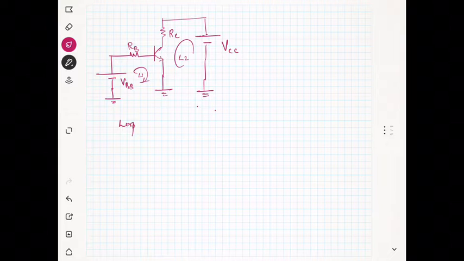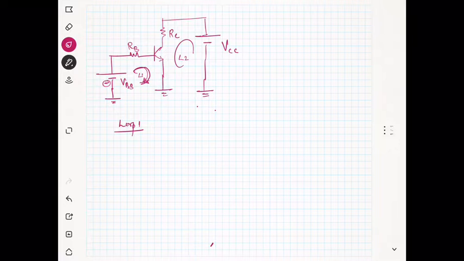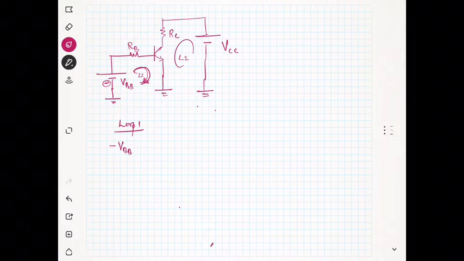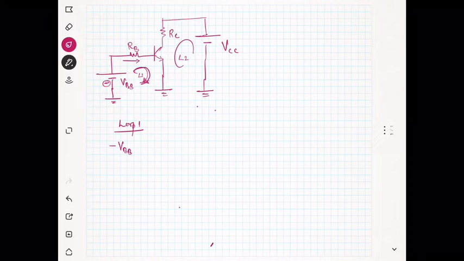So let us assume we are considering loop 1. Now at loop 1, actually this is loop 1. If you are writing the Kirchhoff law, it is minus VBB, and you can see that the current is going inside, so this is plus, and minus VBB plus IB RB, right?